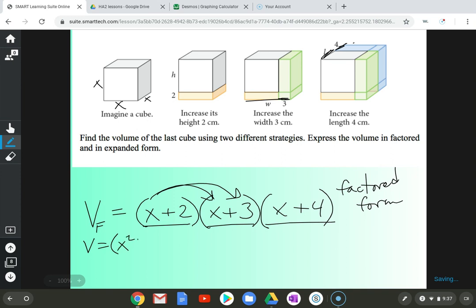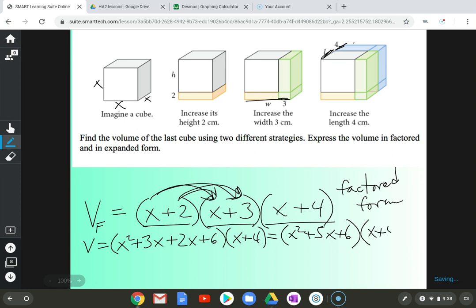So x squared plus 3x, and then 2 times x, 2 times 3, plus 2x plus 6 times x plus 4. To save space, I'm going to go ahead and clean up this first 4-term polynomial here and write it as x squared plus 5x plus 6 times x plus 4.